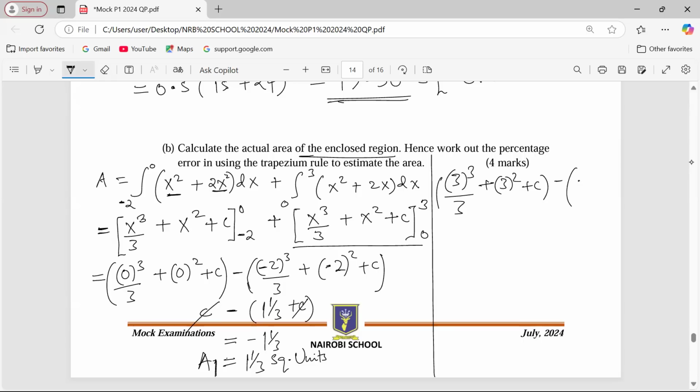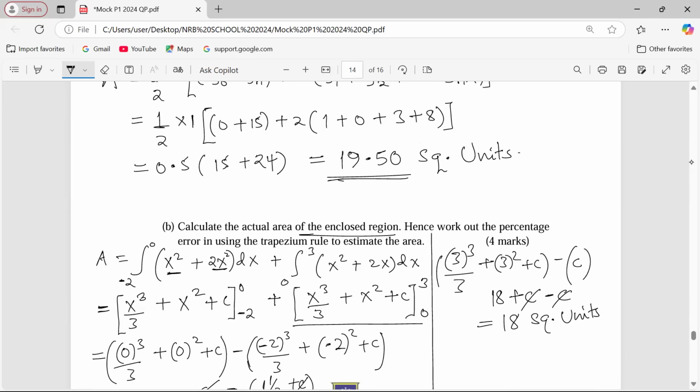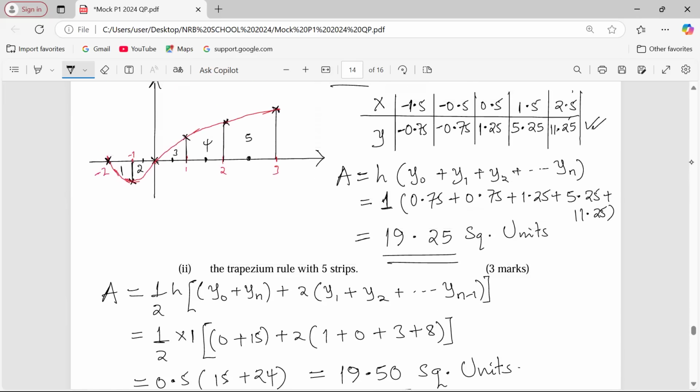When we substitute 0, we just get c. So this is going to become exactly 18. The constant disappears. We have 18 square units. So the area below is 1 1/3, and the one above is 18.